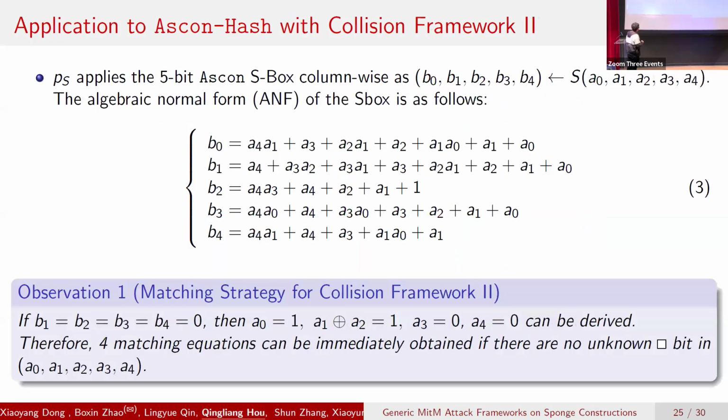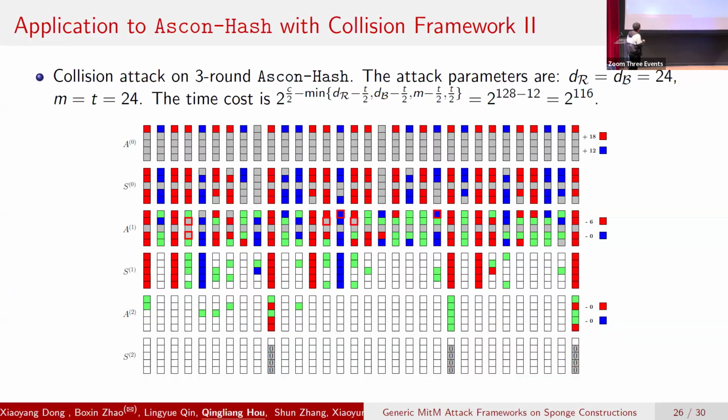Using these properties, we can set the last four bits in these columns to be 0. We can get more matching equations than collision framework 1.